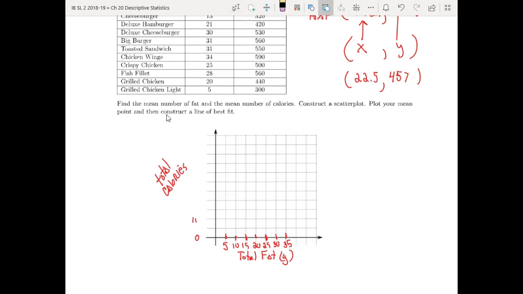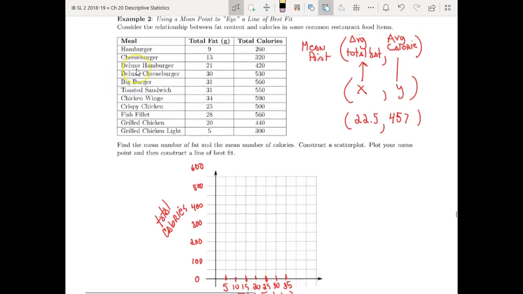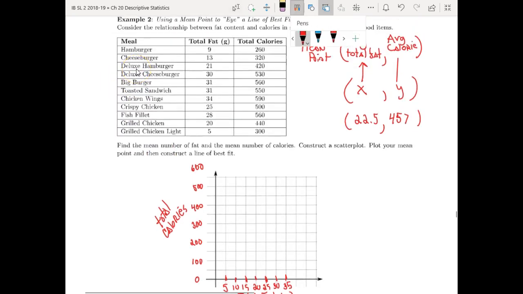Okay. And now it's just a matter of plotting and seeing what we get.